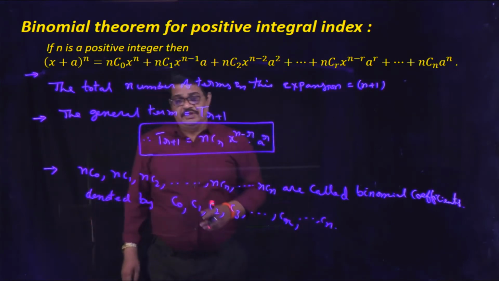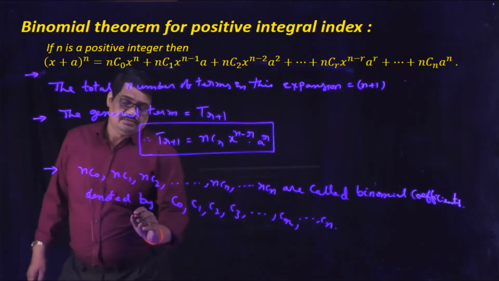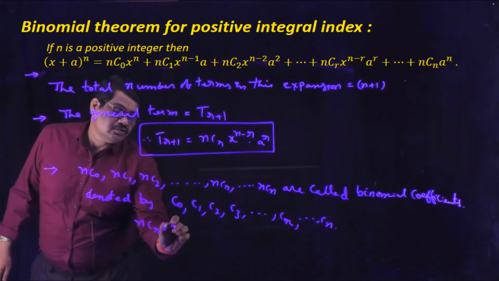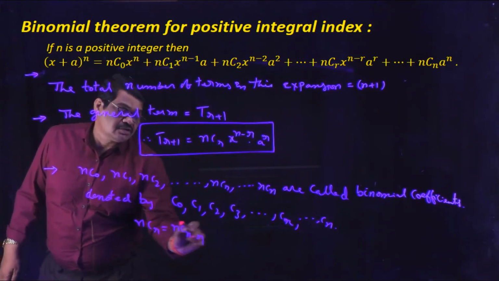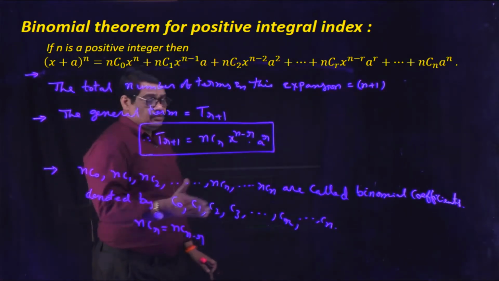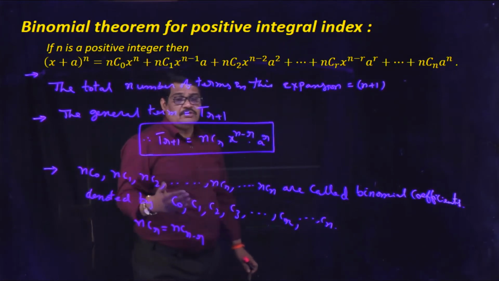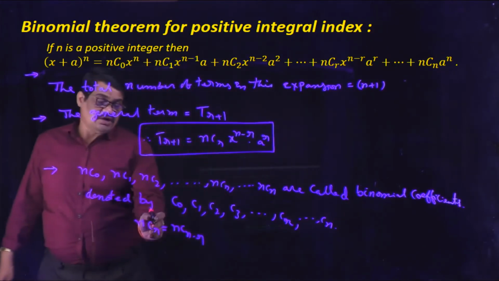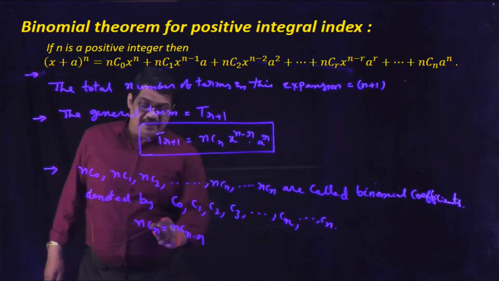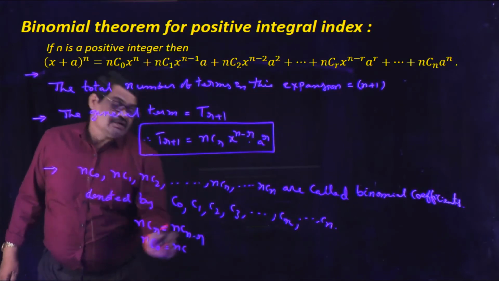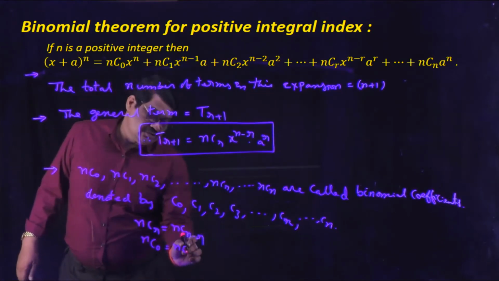Here we observe a relation that we use many times: nCr is equal to nC(n-r). That means the coefficients from the beginning and from the end are equal. If we take r equal to 0, then we get nC(n-0), that is nCn.